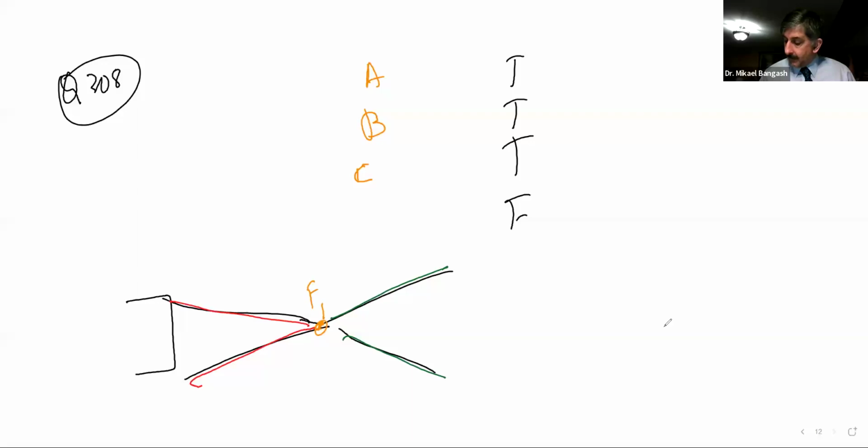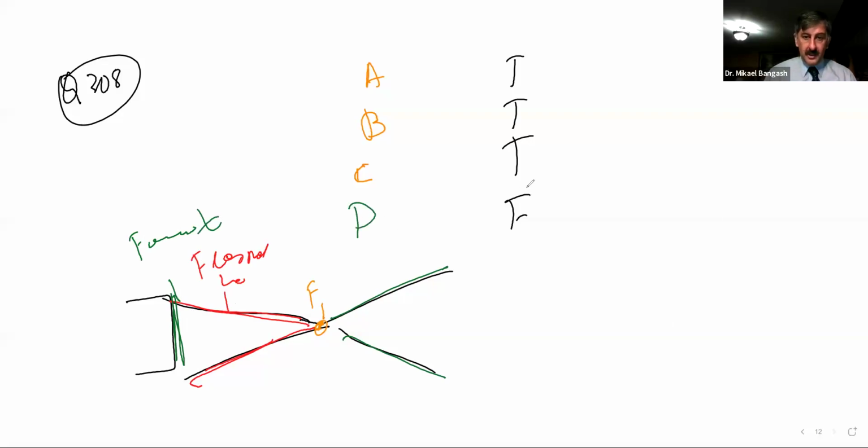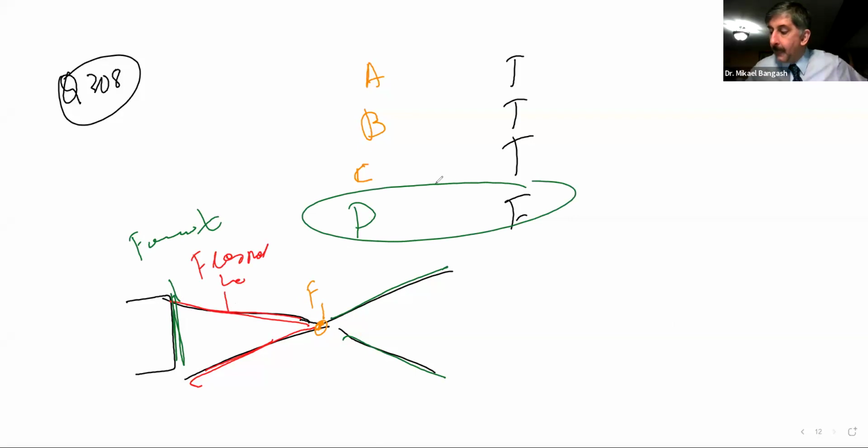Would it be correct to say that the focus is at the start of the Fresnel zone? Well, all this here was your Fresnel zone, right? And do you have your focus at the start of the Fresnel zone? Is this what you call the focus? No. So D was a false statement when we talked about the focus.